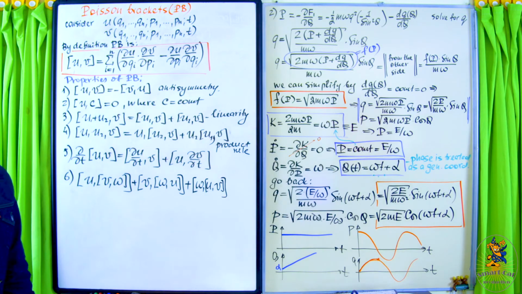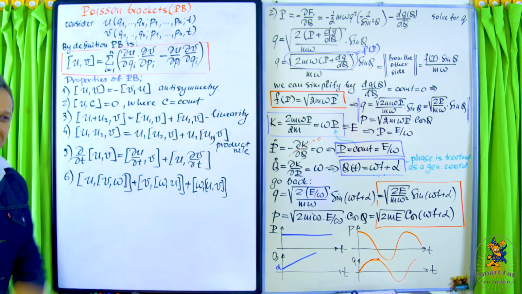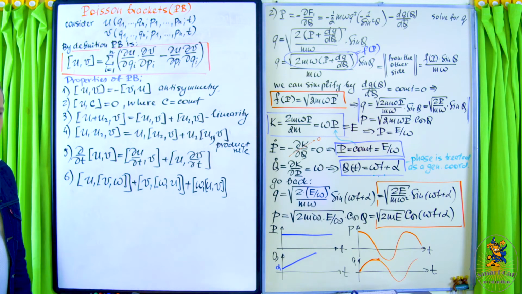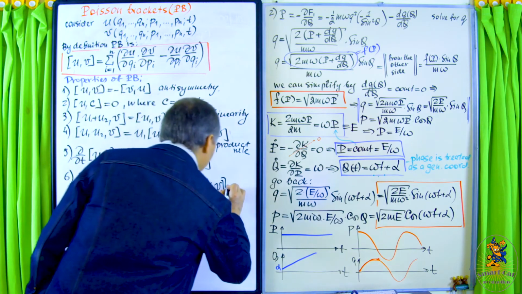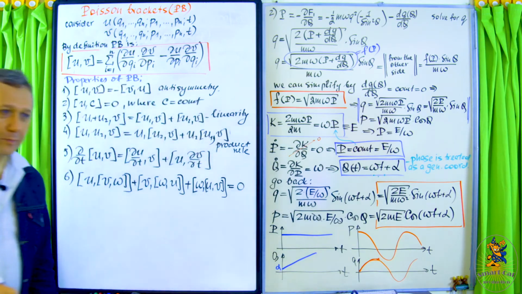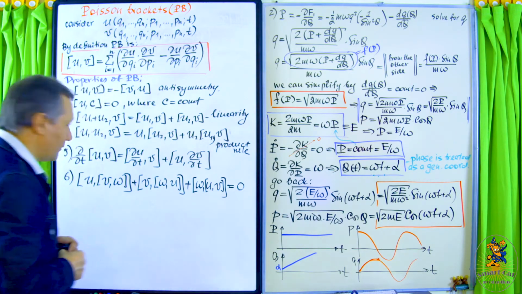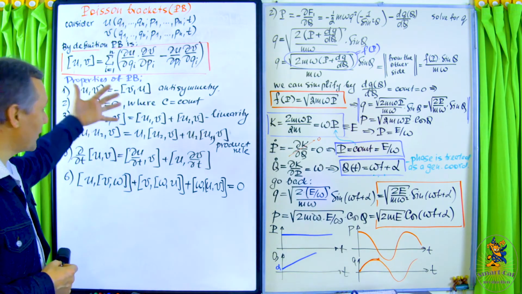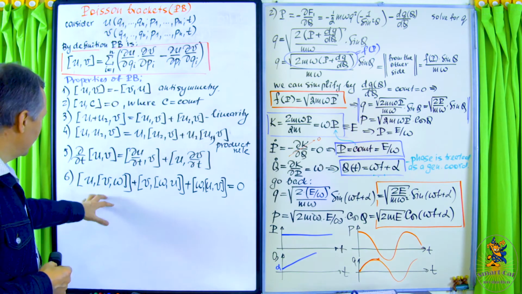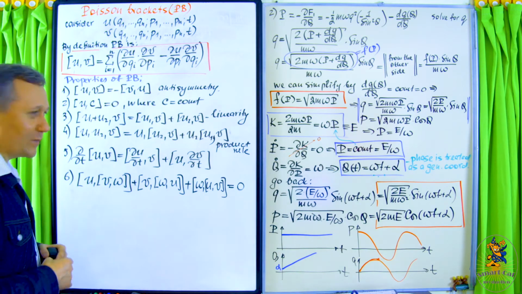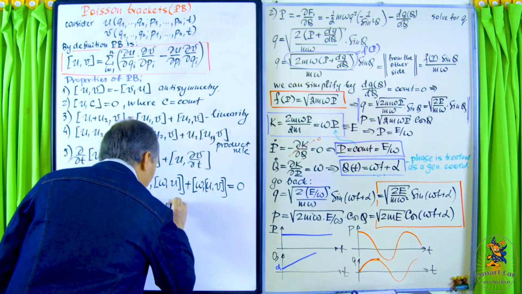So when you complete this math, making these cyclic permutations, you must end up with 0. Okay, this is called the Jacobi identity. We're not going to use it, but it's kind of fun. Again, in order to have a complete set of properties, I don't feel like skipping it. Jacobi identity.